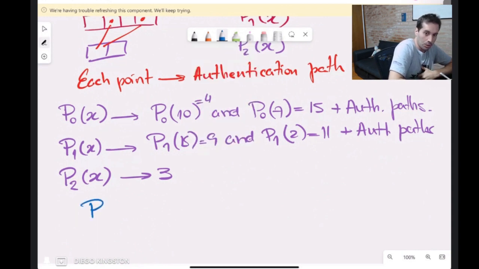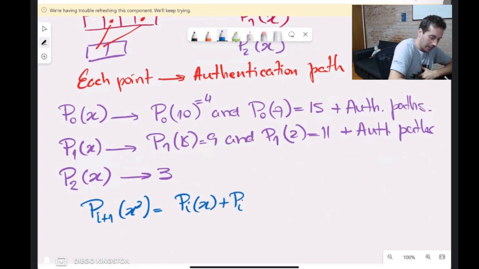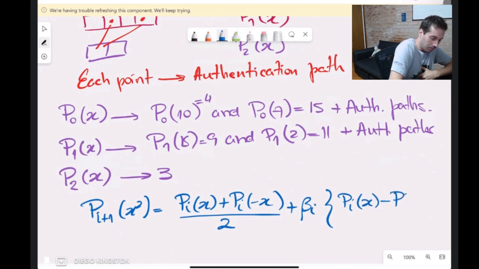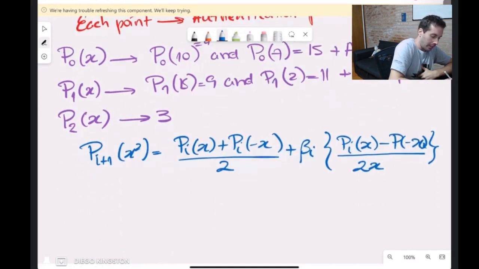And so P_{i+1} evaluated at x squared is simply (P_i of x plus P_i at minus x) divided by 2, plus beta_i times (P_i of x minus P_i at minus x) divided by 2x.